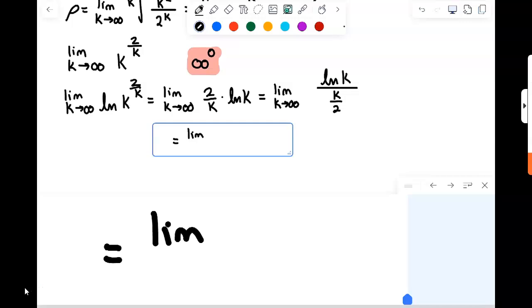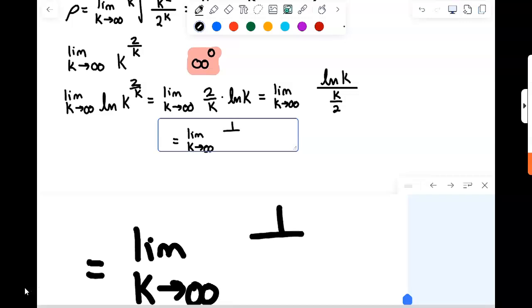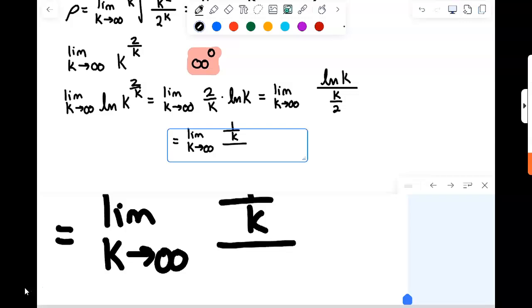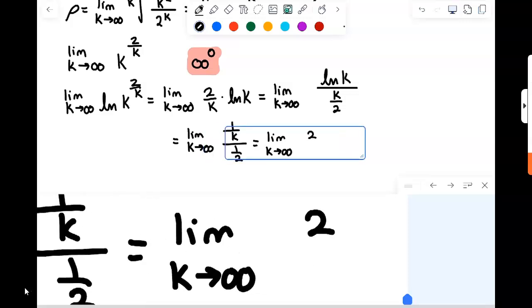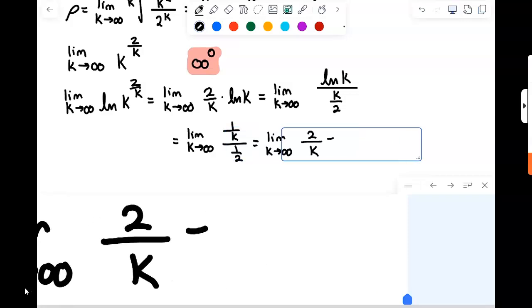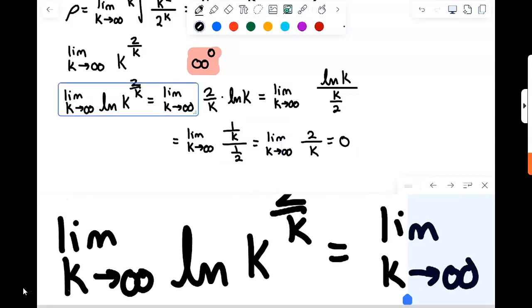The limit as k goes to infinity, we take the derivative: 1 over k over 1/2. Doing a tiny bit of simplifying, the limit as k goes to infinity of 2 over k. Of course, as k goes to infinity, that goes to 0. So the limit of the ln goes to 0.